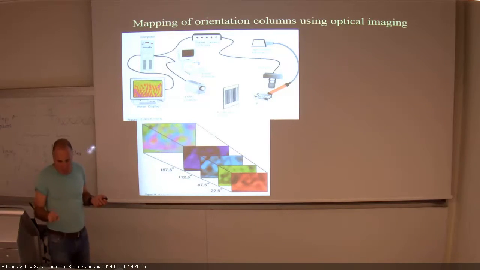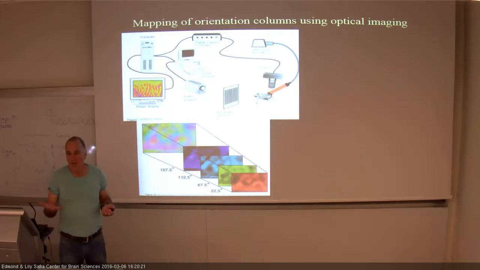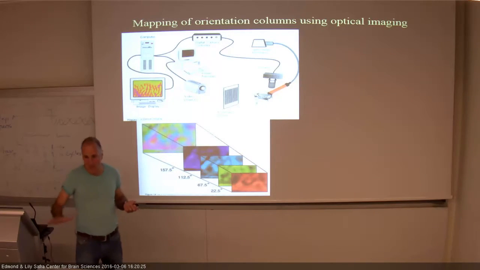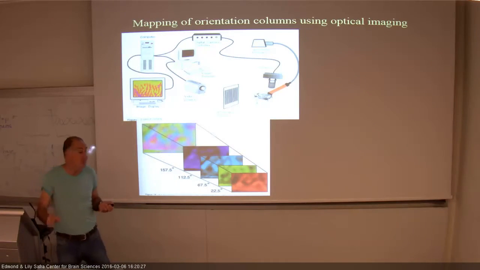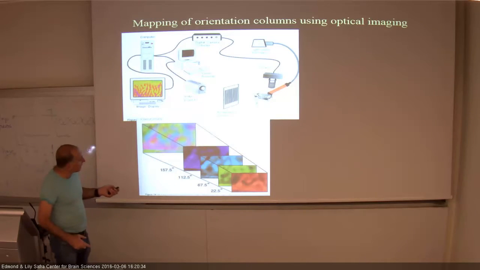When you apply a voltage-sensitive dye on the surface of cortex and light it with a specific light, you get a response of the dye that follows the mean voltage of the neurons in that area. The wonderful thing about optical imaging is that the resolution is of the order of tens of microns, so you can get a picture.